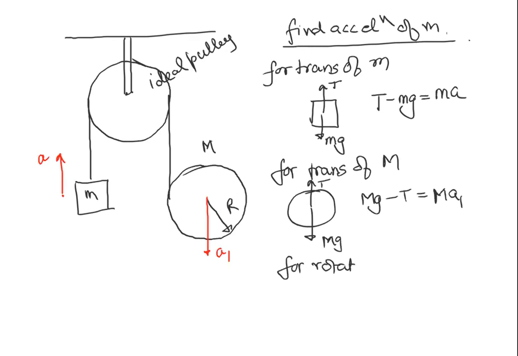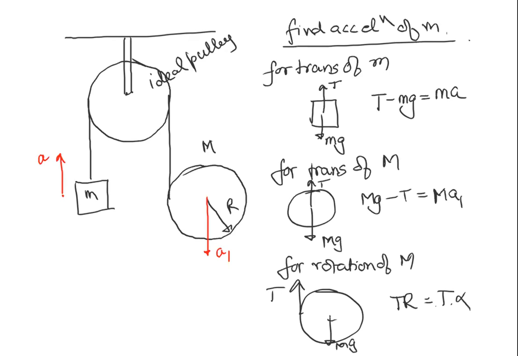For the rotation of M, T, TR is equal to I alpha. Now, since this TR is clockwise, therefore alpha must also be clockwise.